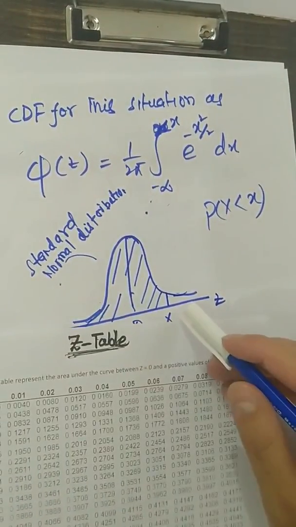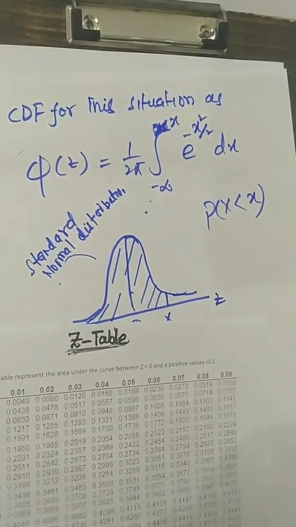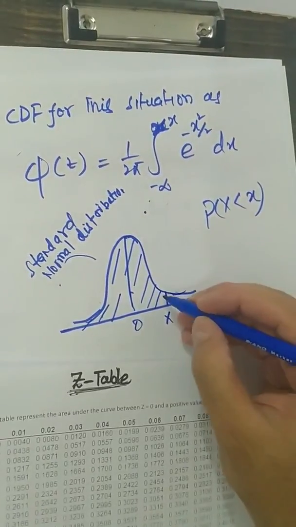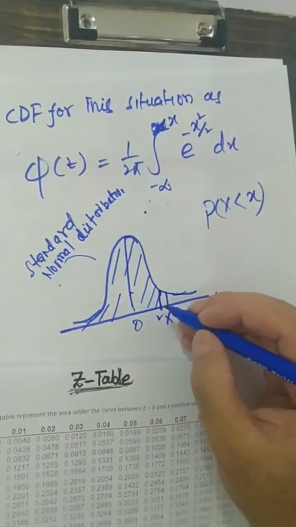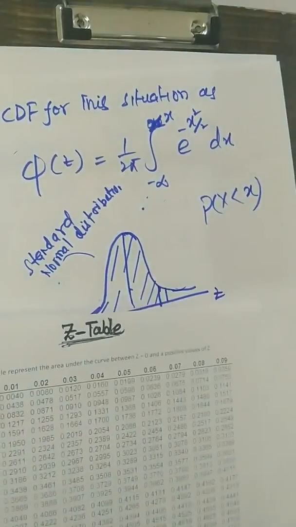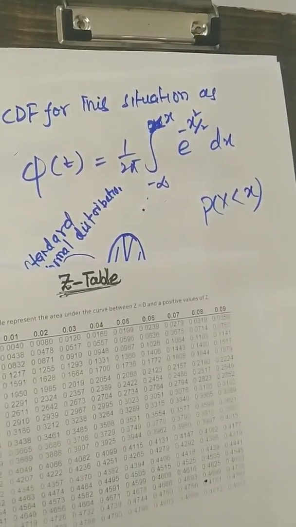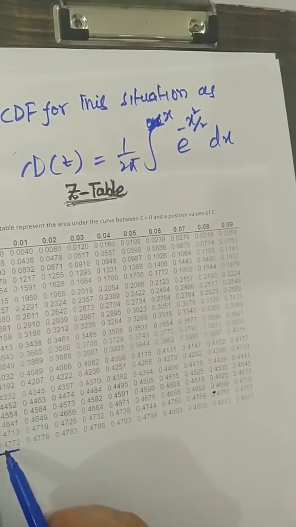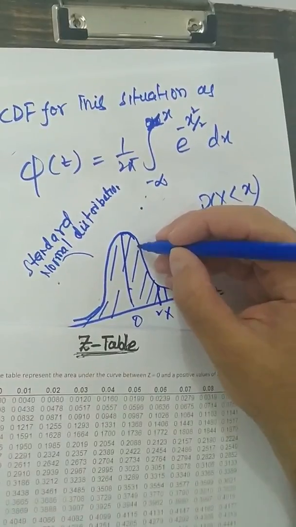For z equal to 2, the area under the curve is 0.4772. In this table, this is the point up to the first standard deviation.